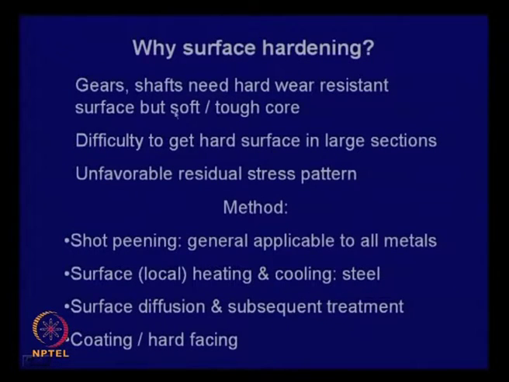Here you can see we have listed why surface hardening is necessary. There are several components like gears and shafts. Some of these drive shafts may be very huge, particularly a steam turbine for power generation.